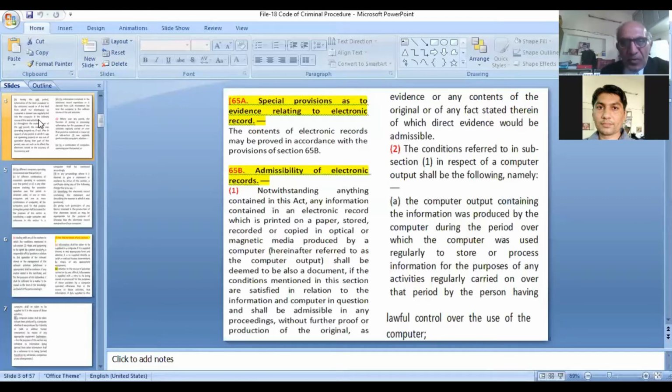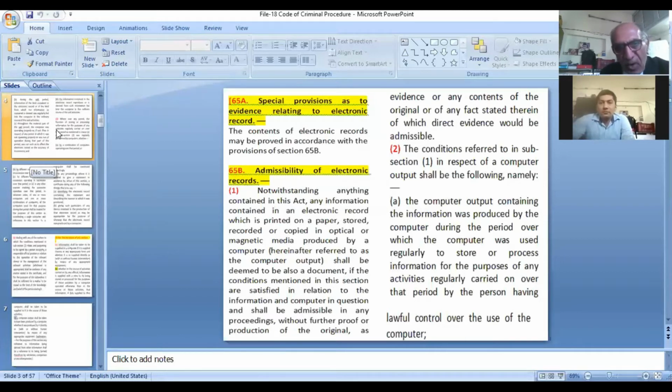So this particular clause is regarding information contained in an electronic record which is printed. So only that electronic record information, number one, which is printed on a paper, or it is stored, recorded, or copied in optical or magnetic media.